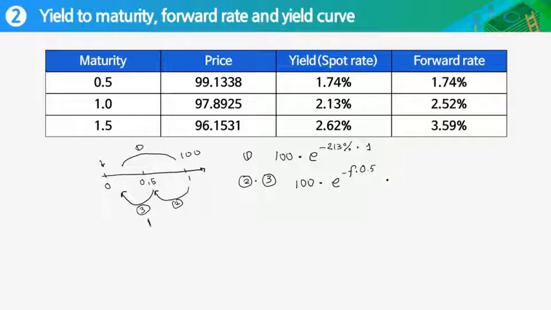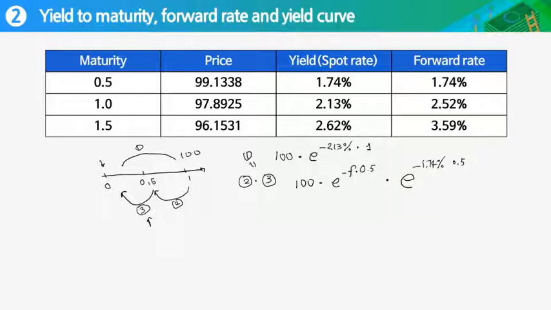Now we again apply the formula e to the power of minus 1.74%, 0.5. Well, both of them generate the value of exactly the same contract. Therefore, this should be same.